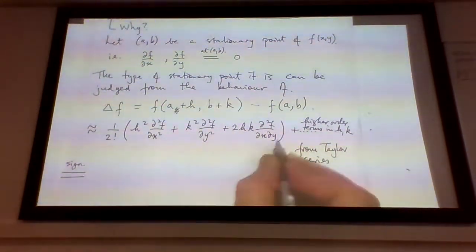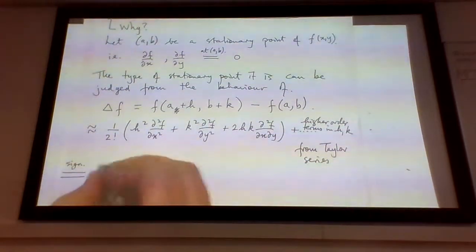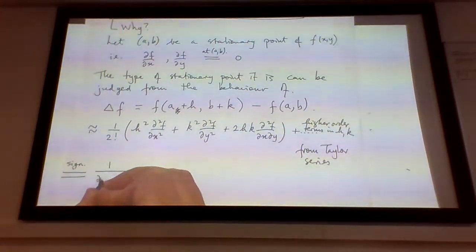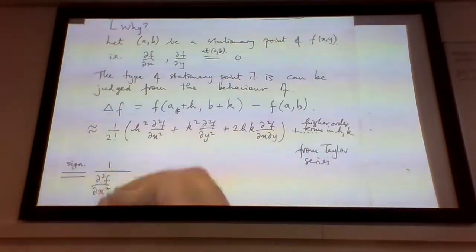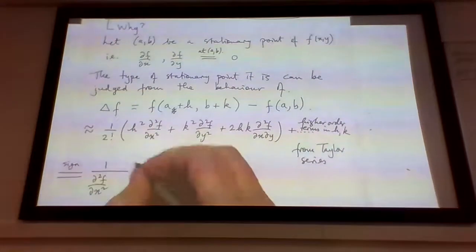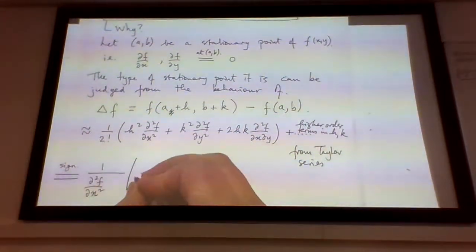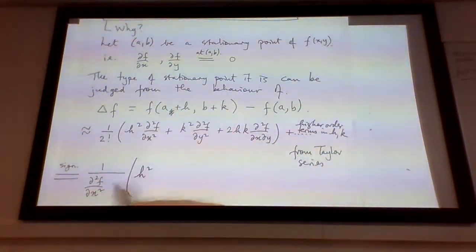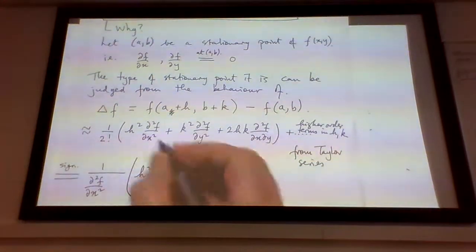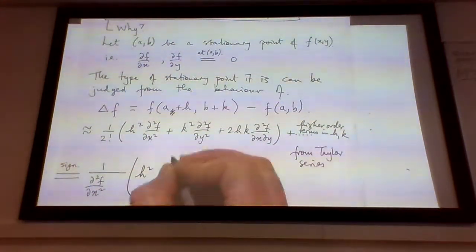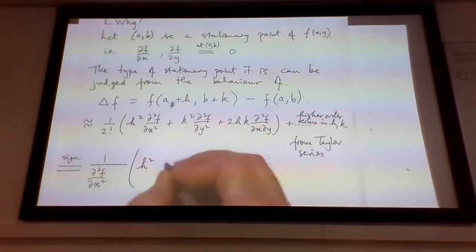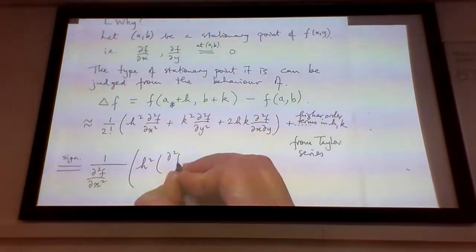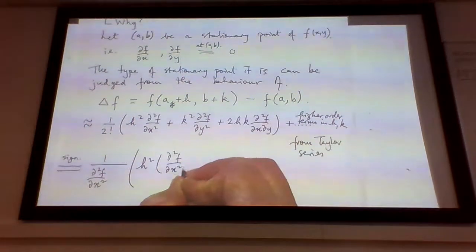And I'm going to start working on this expression, and I'm going to divide out by the second order derivative, 1 over d2f dx squared. Okay, so I'm going to have a 1 over that second order derivative there. And so to compensate for that, I'll have to multiply everything through by d2f dx squared. So I've already got d2f dx squared here, multiplying h squared. So that will change to the square of d2f dx squared.